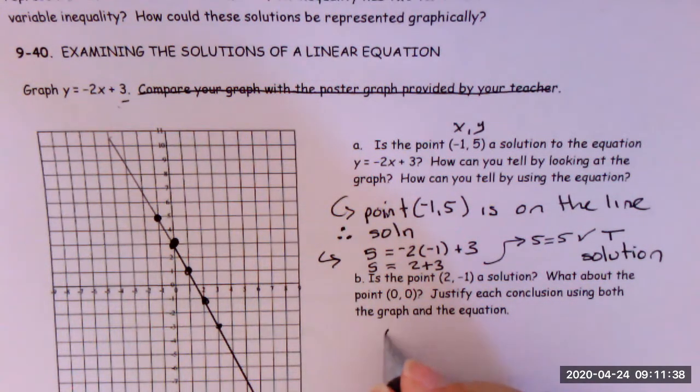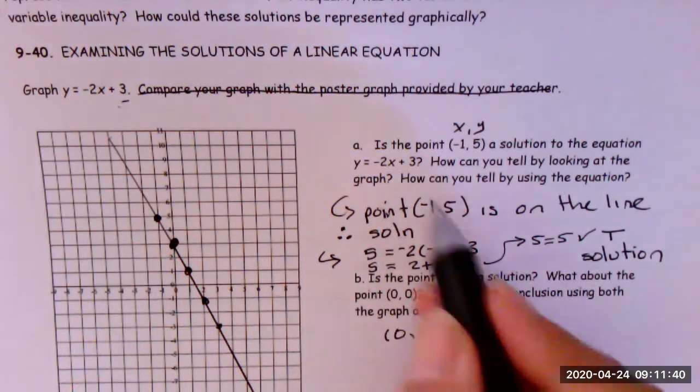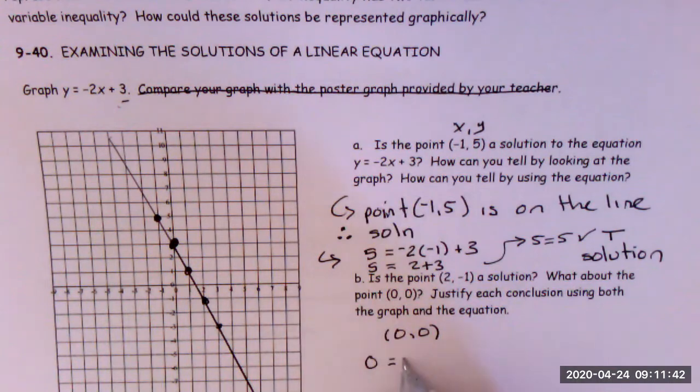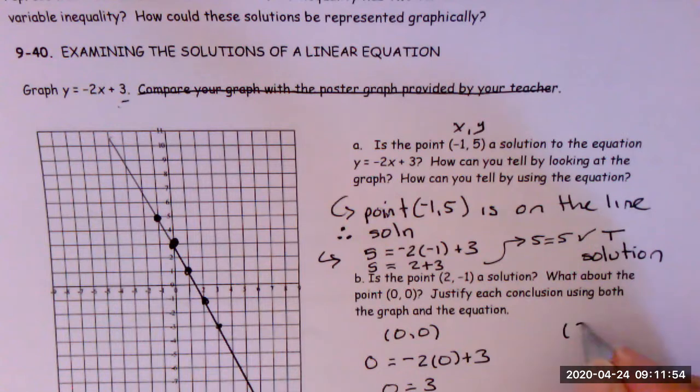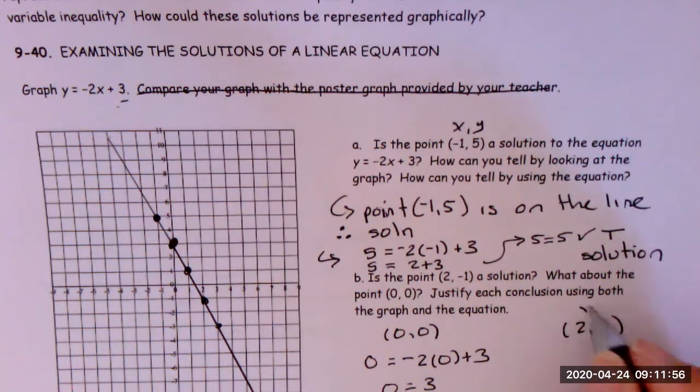So now let's do it algebraically. Let's test 0, 0. So we're going to plug 0 into the equation. This is false, so it's not a solution. Let's go ahead and test 2, negative 1. Right, this is x and y, so I got to get the order correct. I'm going to substitute x and y into my equation.